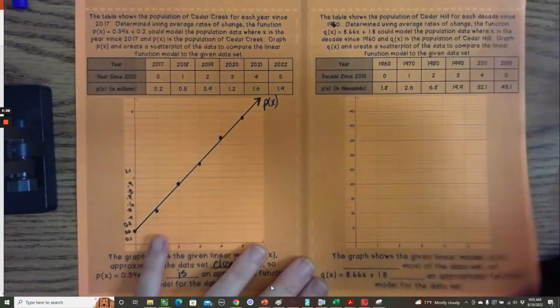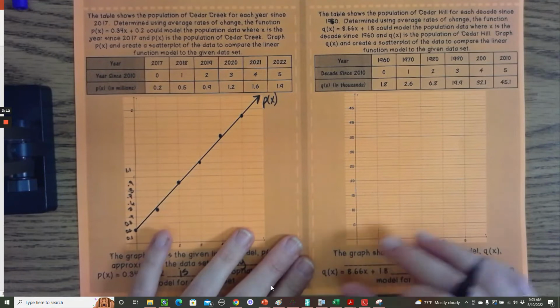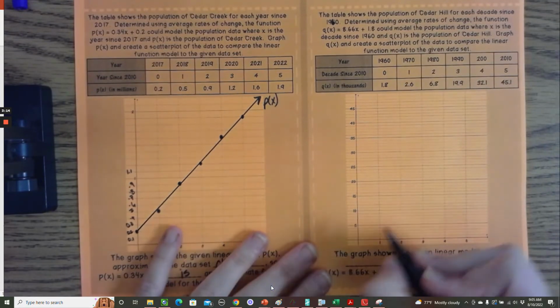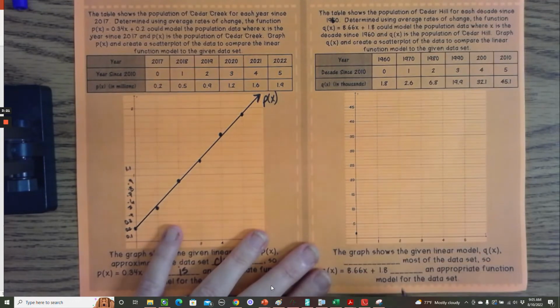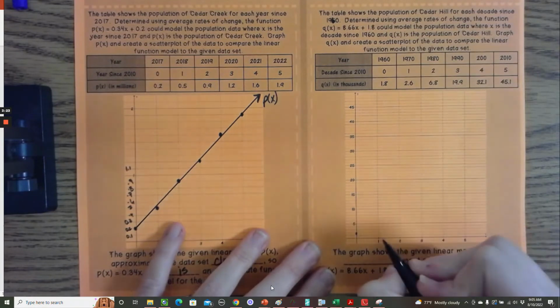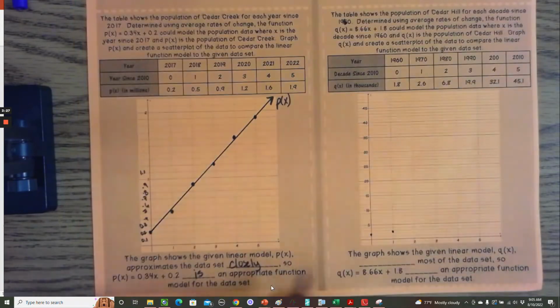Okay, so we're going to graph all this data. These are counting by ones here, so your dots are going to be kind of messy. So 0 and 1.8, if that first line is 1, that second line is 2, it's going to be kind of below it there. 1 and 2.6, about halfway in between what would be 2 and 3.